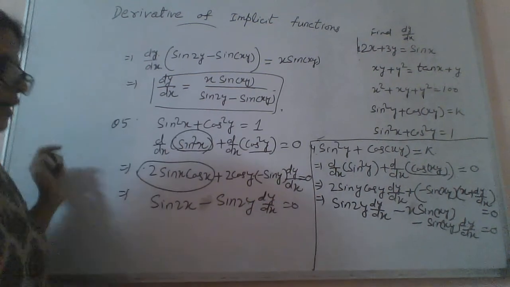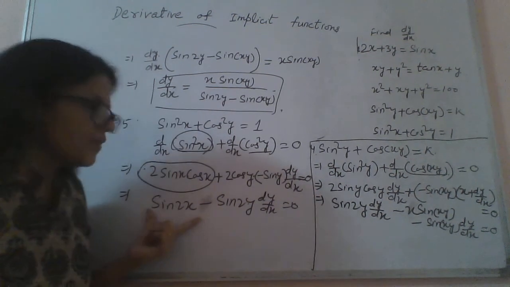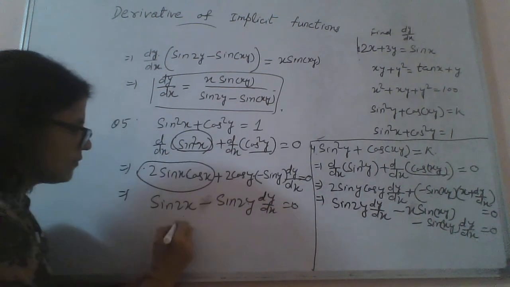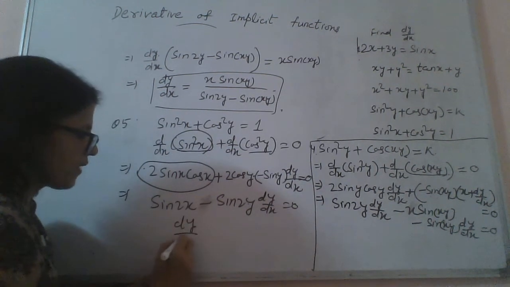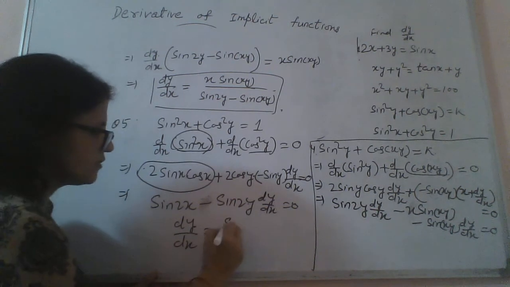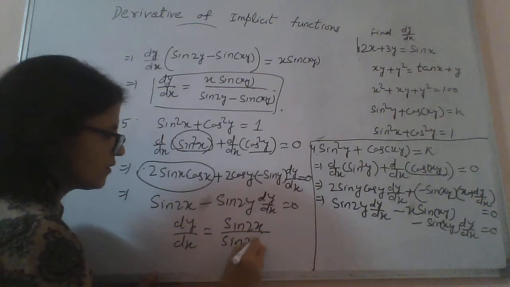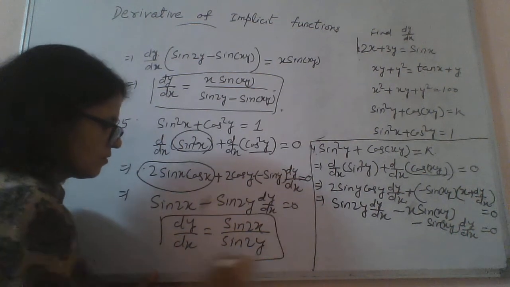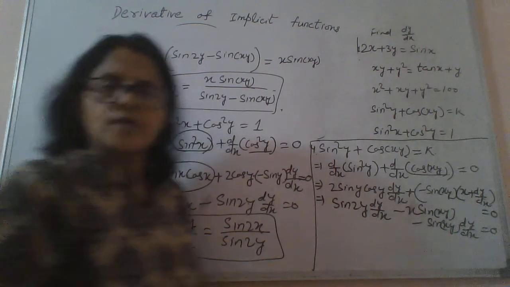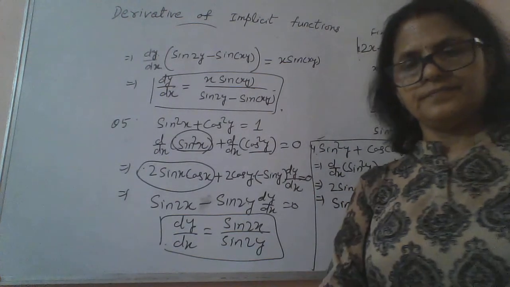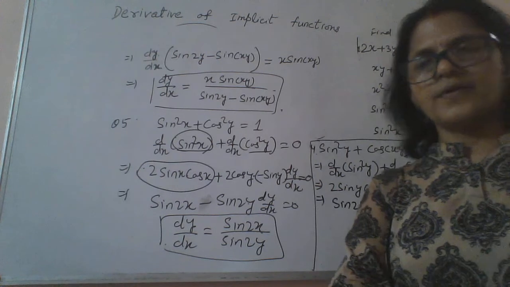So sin 2x equal to sin 2y dy by dx. It means you are getting dy by dx equal to sin 2x by sin 2y. Okay, so just have a look at those steps. Got it?